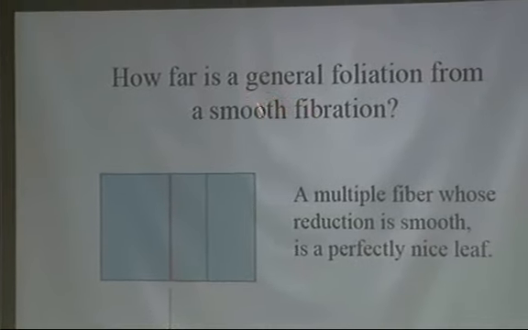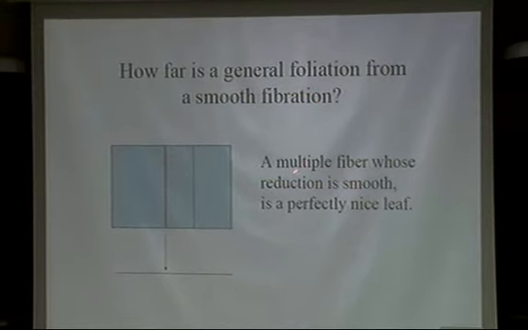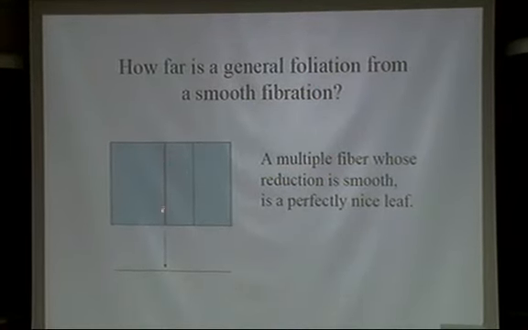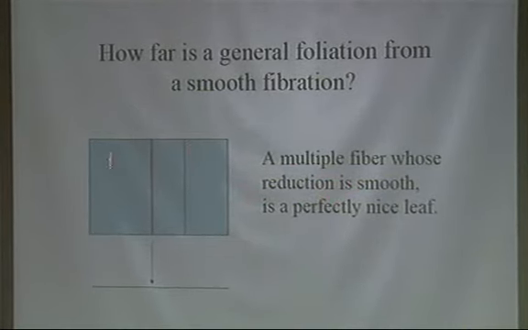Now, one typical difference is, suppose you have a fibration which has multiple fibers. As a fibration, it's not a smooth fibration because of the multiplicity. But as a foliation, it's a very nice foliation. At every point, there's a line bundle everywhere. So this is a typical difference between foliation and fibration. As a fibration it is bad, but as a foliation it is very good.